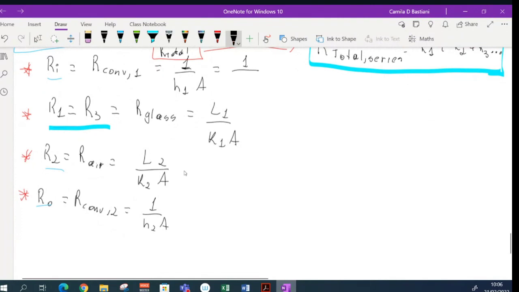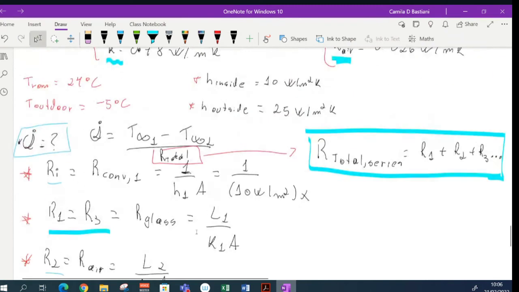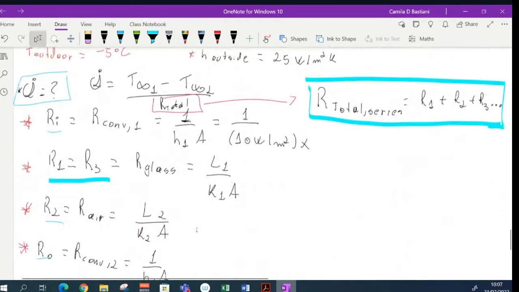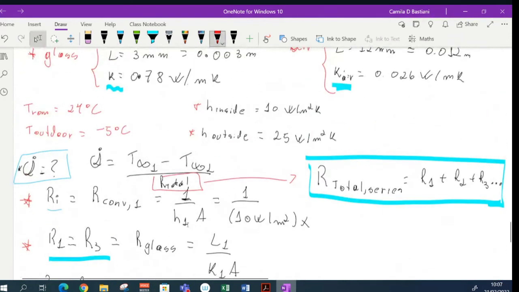Ri is 1 divided by my h of convection between the glass and the inner side. So it's 10 watts per meter square degrees Celsius multiplied by my area of the glass. My area of the glass, did we calculate before? No, we didn't. So I'm going to calculate the area here so we can use it for other things as well.